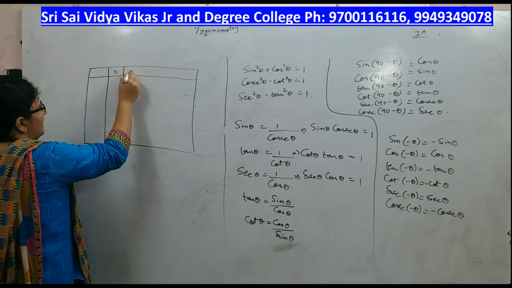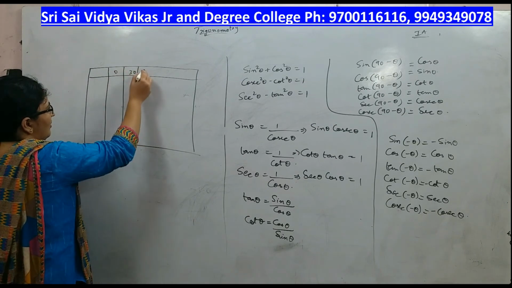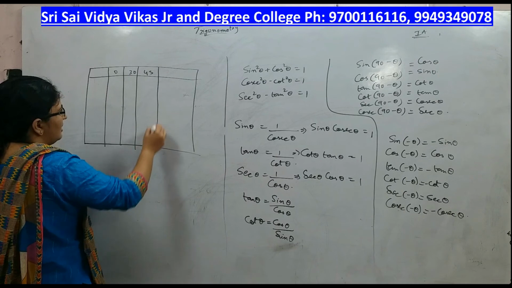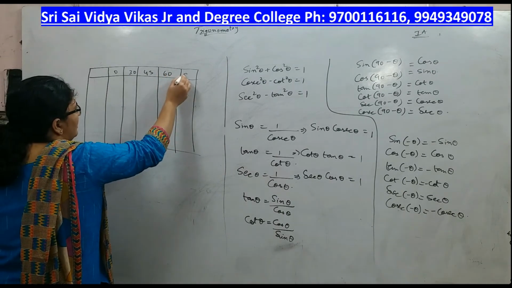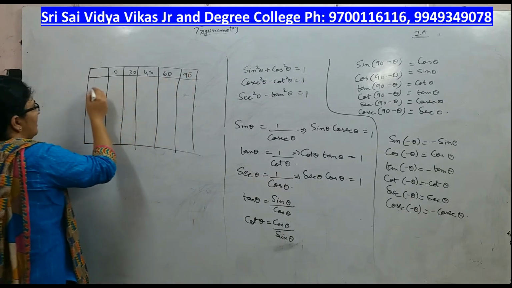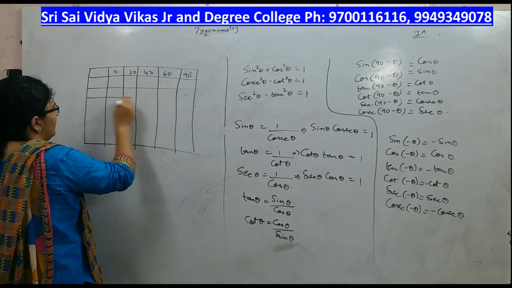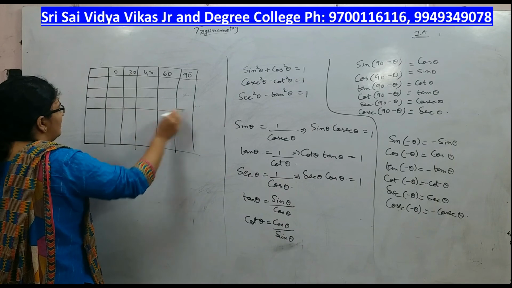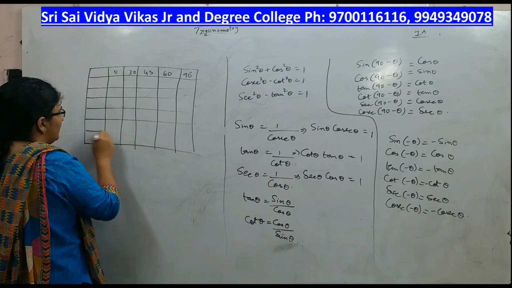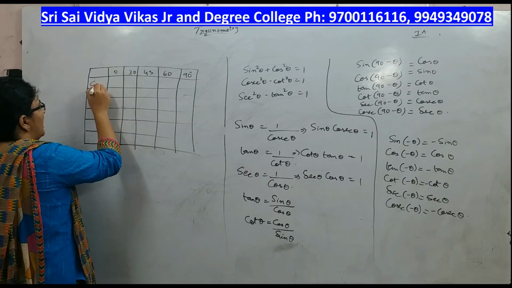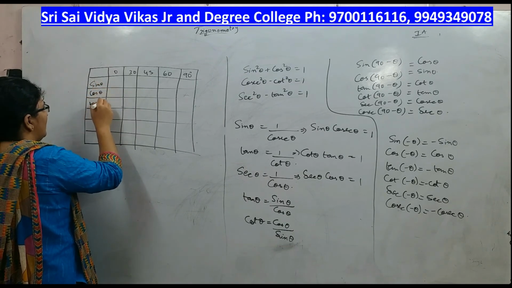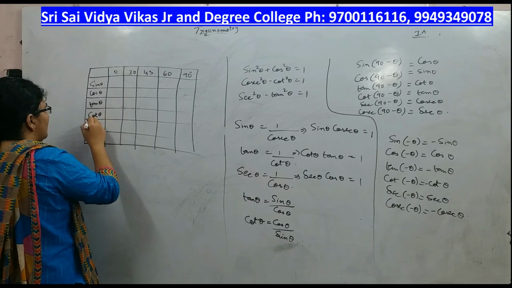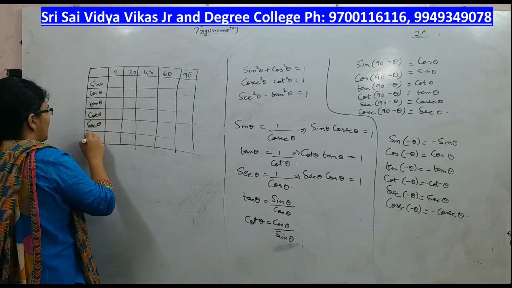Theta: 0, 30, 45, 60, 90. Sin theta, cos theta, tan theta, cot theta, secant theta, cosecant theta.